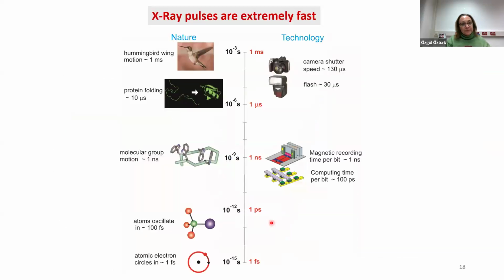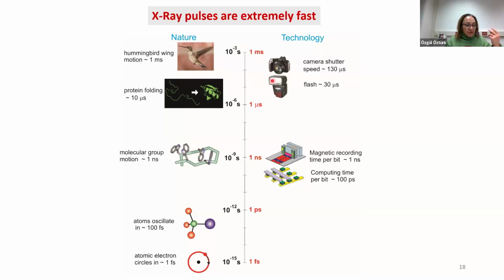And now let's see how extremely fast X-ray pulses really are. If you think of a bird's wing, that happens on the order of a millisecond. Even high-speed photography operates in the microsecond range.